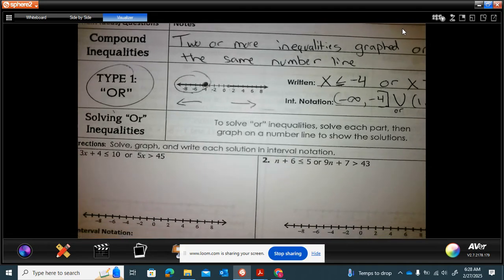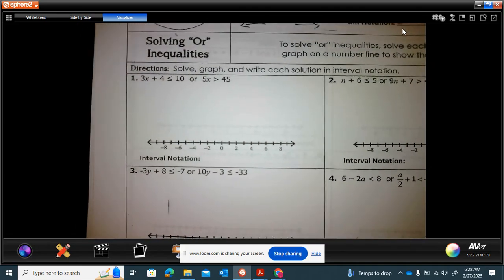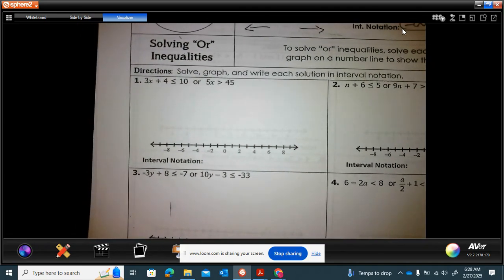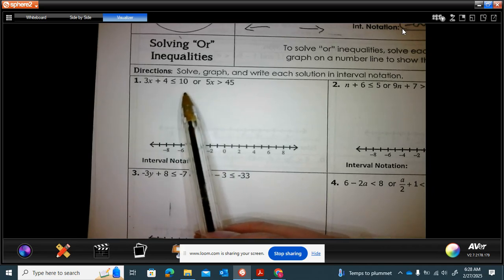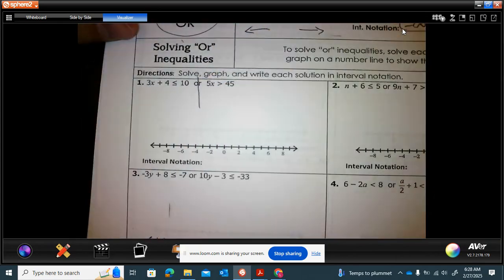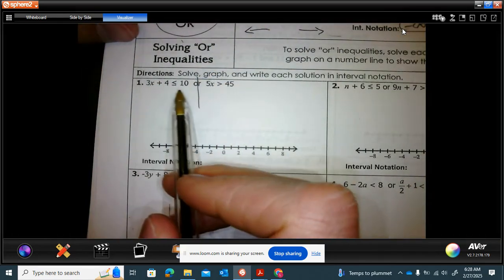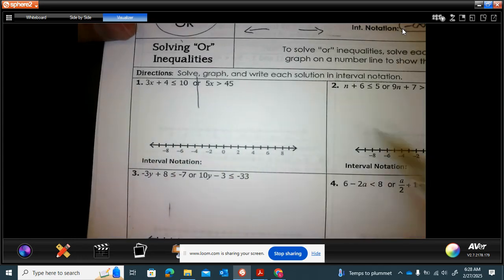Okay, so anytime you have an or inequality, you literally will have two inequalities, and you'll have the word or in between them. And so what you have to do is solve each inequality individually. So there's two different inequalities. You kind of draw a line. I'm going to solve this one first, and then solve this one.